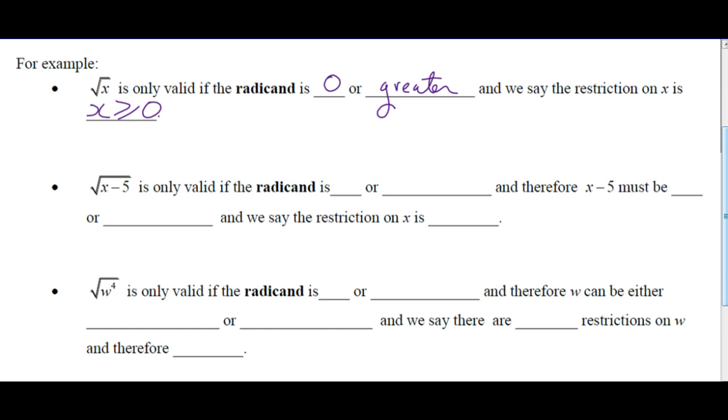Okay, the square root of x minus 5 is only valid if the radicand. So the radicand is the expression under the radical sign. So the radicand has to be 0 or greater. And therefore x minus 5 must be 0 or greater.